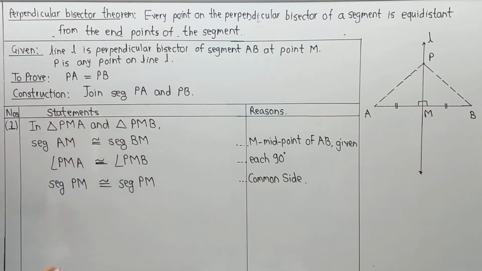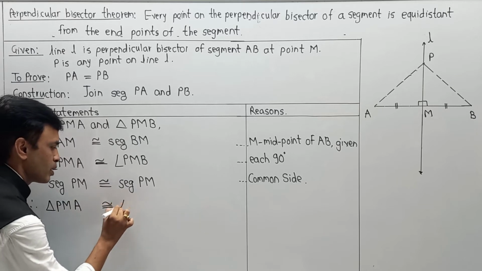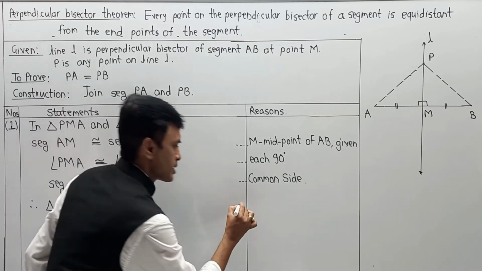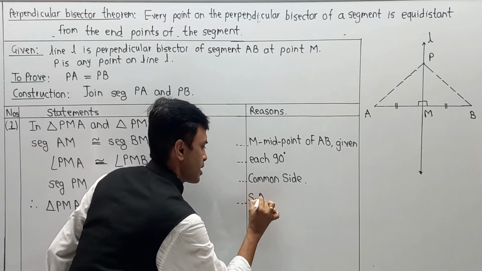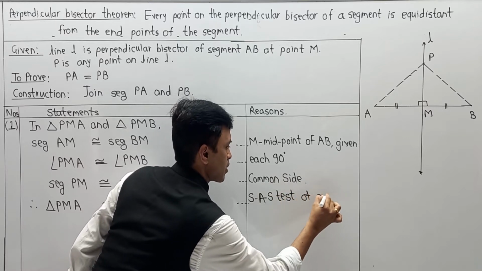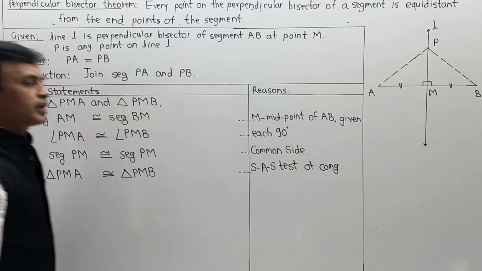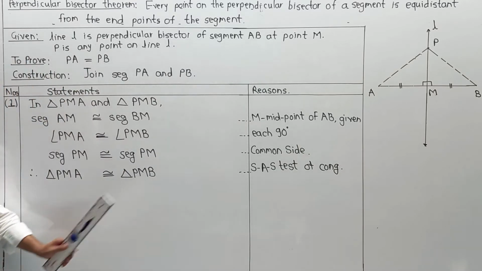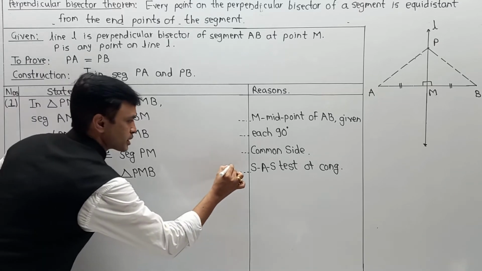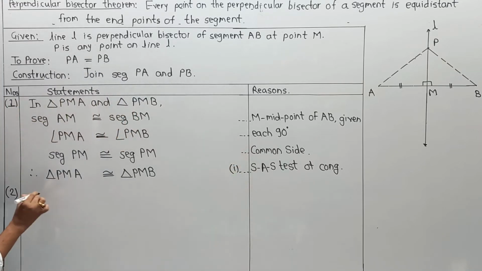Therefore, triangle PMA is congruent to triangle PMB by SAS test of congruency. Now, when two triangles are congruent, then their respective sides as well as respective angles must be congruent. So I am going to call this equation number 1.